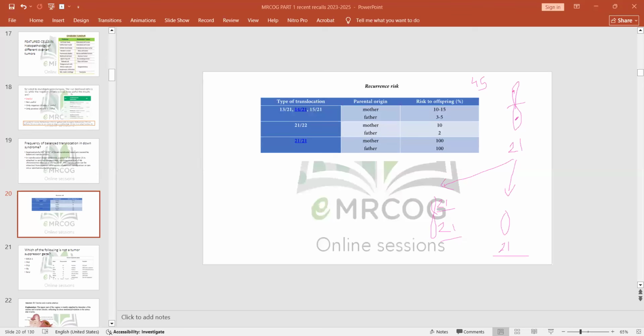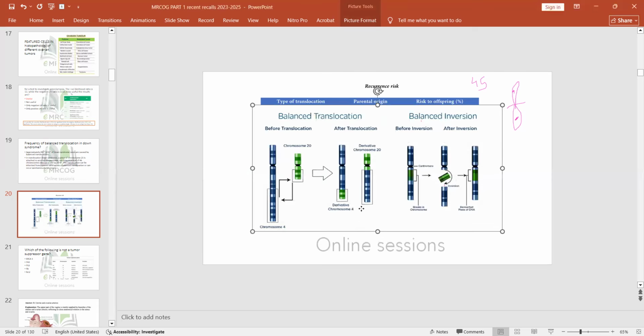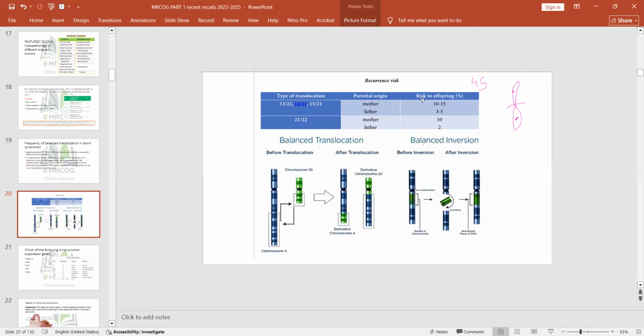I hope the number, you know, guys, that this also was an exam question, and I think it was a picture. Yeah, it was a picture. I remember this one. It's one of the recalls. I'm not sure it's a recent one. Recent means in the last 2 years. So this picture appeared before in the exam.